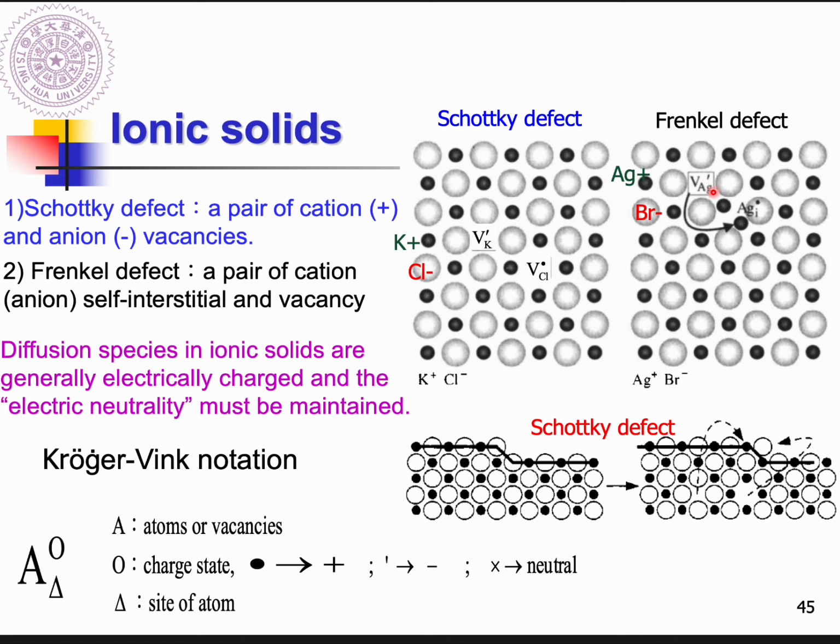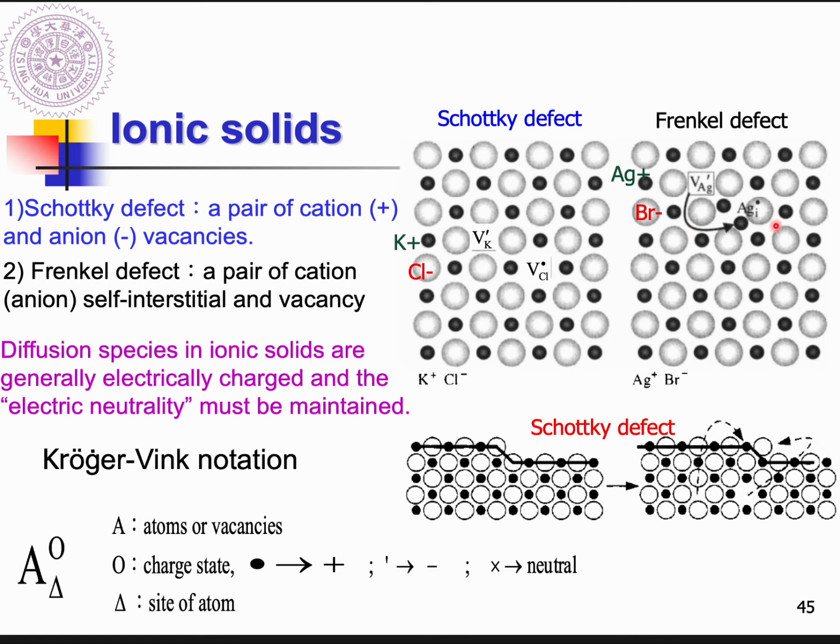It left a vacancy at the silver site with one negative charge, and the silver is now at the interstitial site, a self-interstitial defect, with one positive charge. This is what we call a Frenkel defect.